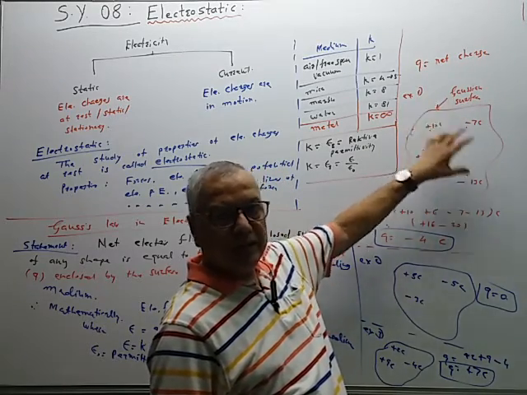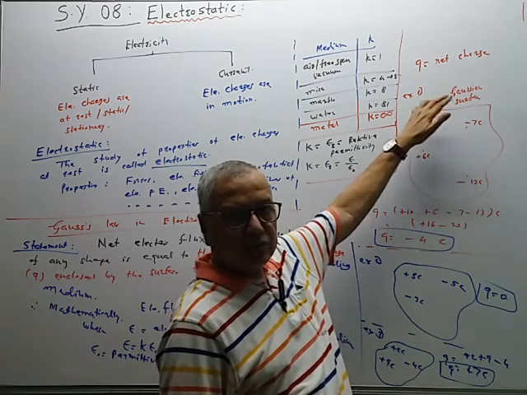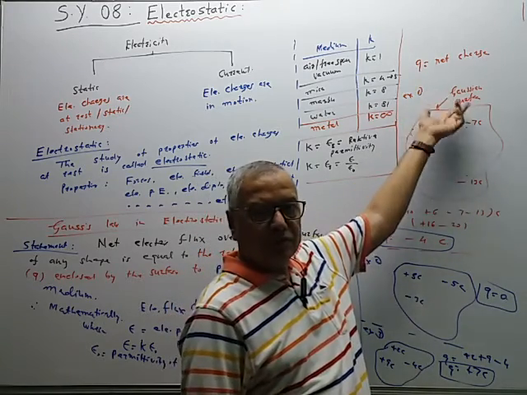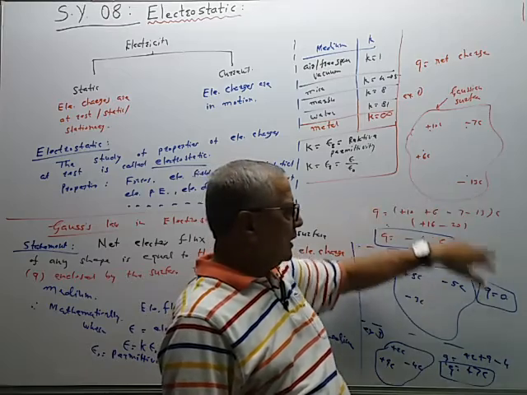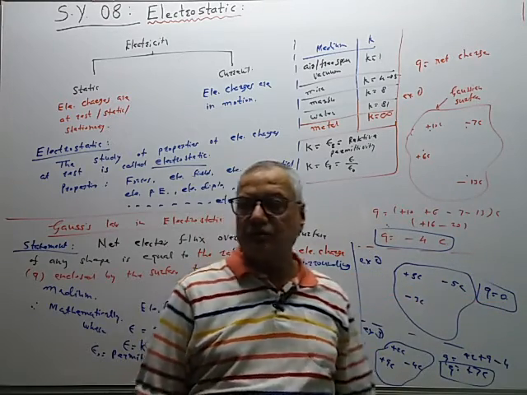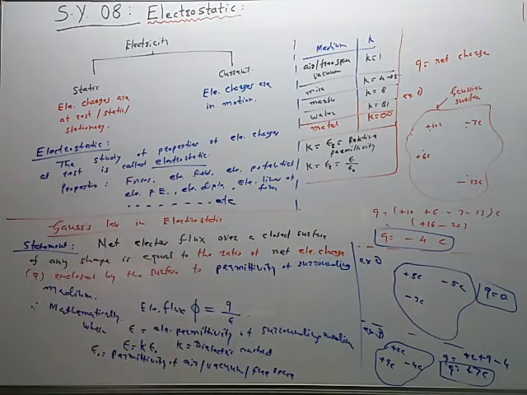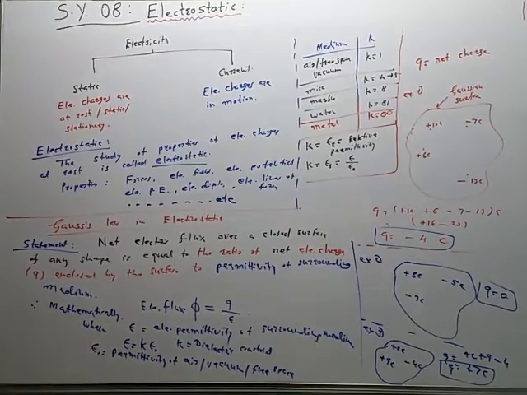Electric lines of force end on negative charge, therefore they will enter from outside to inside. And if Q is equal to 0, no electric lines of force are passing through the Gaussian surface. Q is a net charge, maybe positive, maybe negative, maybe 0. So these are simple examples that we can use.